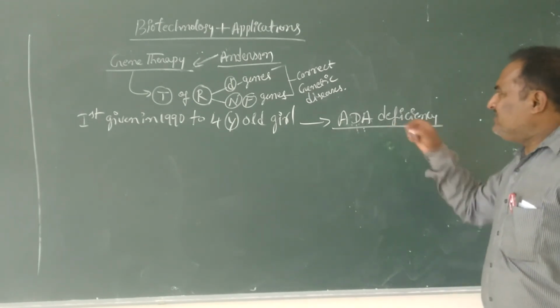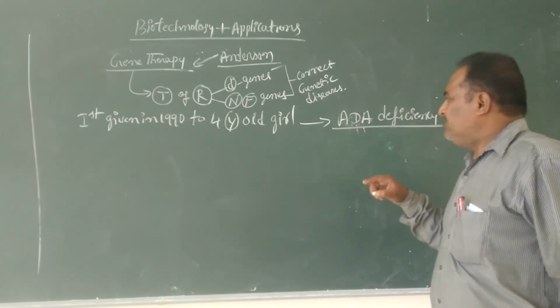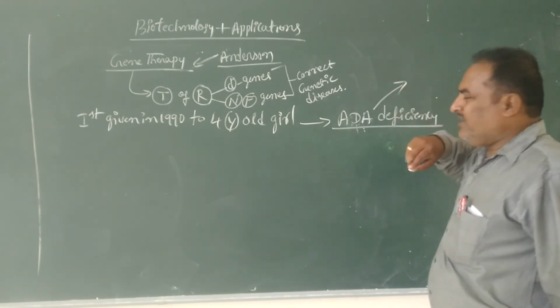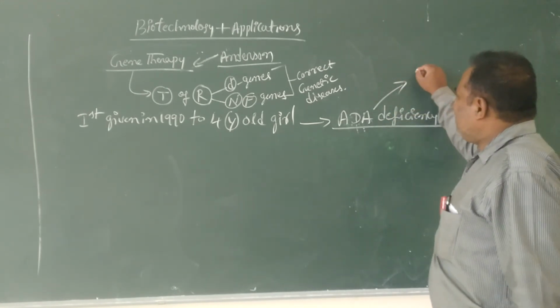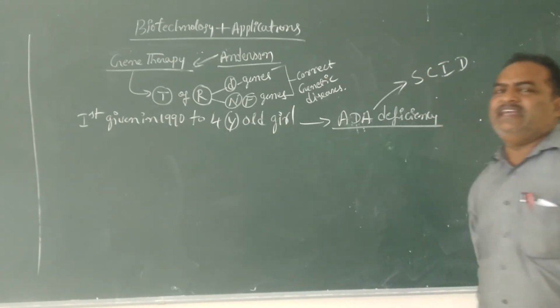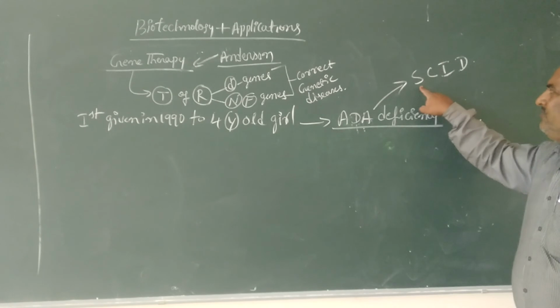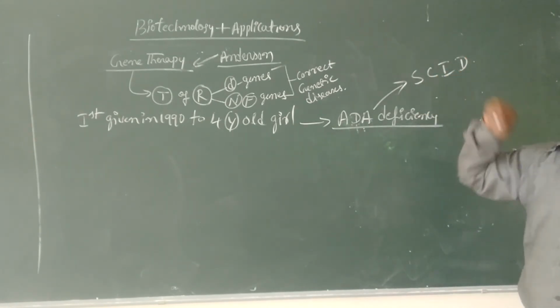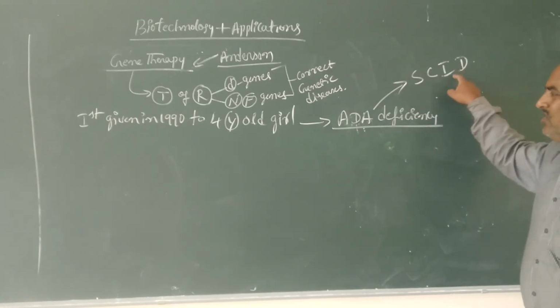Due to ADA deficiency, the patient develops one kind of disease called SCID. SCID means severe combined immunodeficiency syndrome. It is a very dangerous disorder.